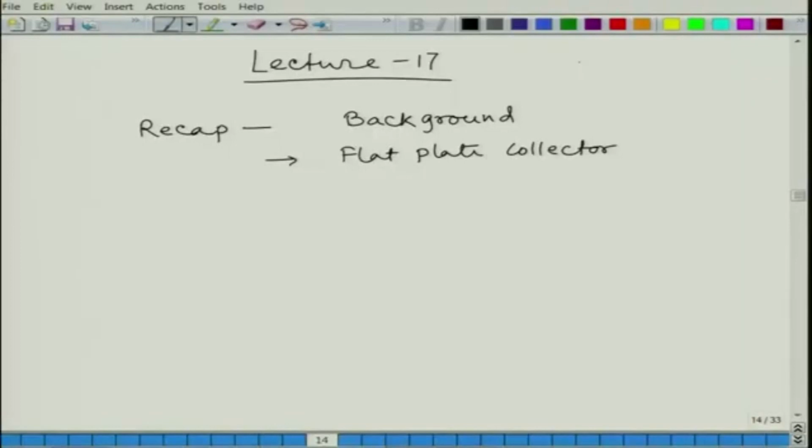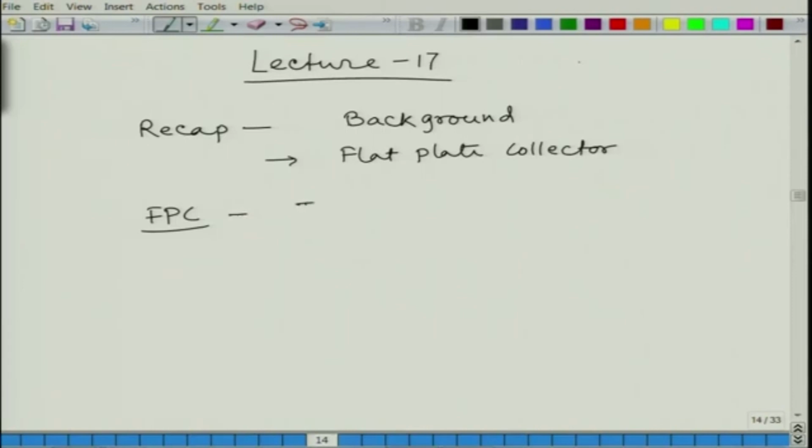The major outline of the analysis will be the same for most other collectors that we will see subsequently. For the flat plate collector, in the last class we derived the thermal network that you require to find the loss coefficient.